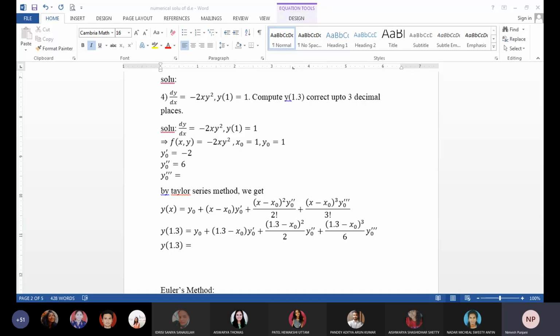Yes, anyone with the answer? So see, when you solve on your own, then only you'll come to know कितना time consuming है. Otherwise you will never realize कि कितना time consuming है.